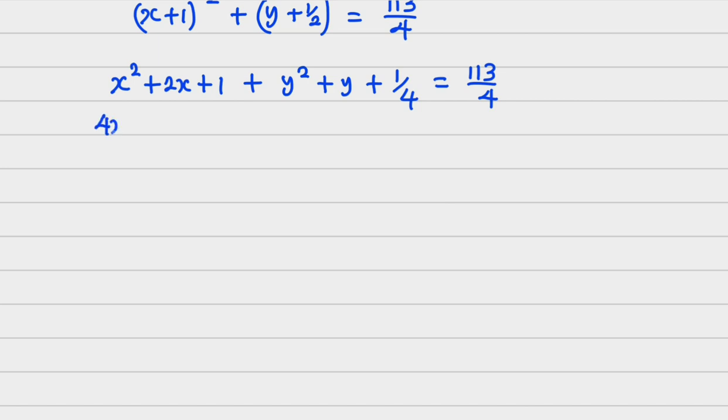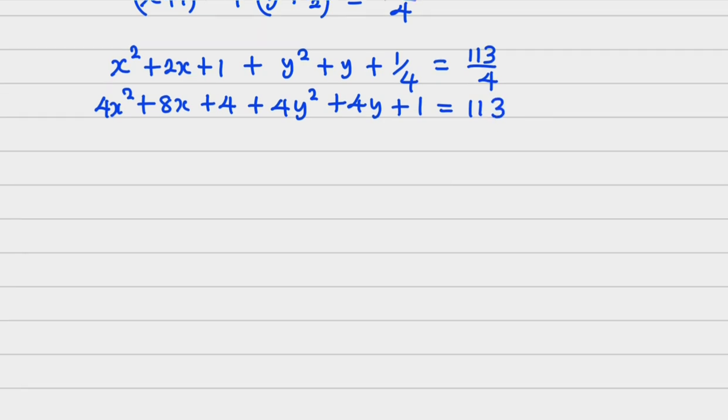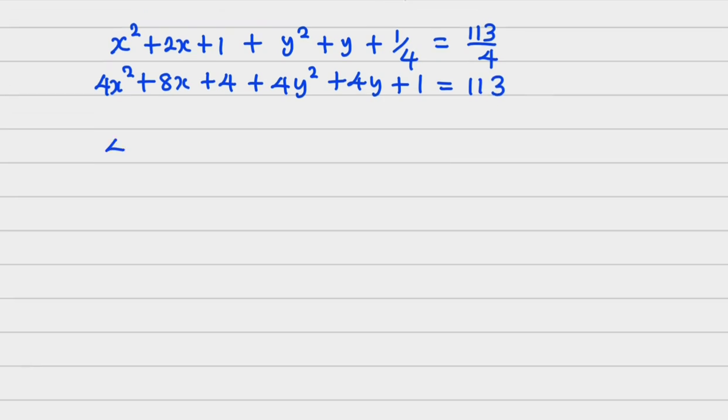So this becomes 4x² + 8x + 4 + 4y² + 4y + 1 = 113. Now I'll rearrange it to be 4x² + 4y² + 8x + 4y + 5 = 113.